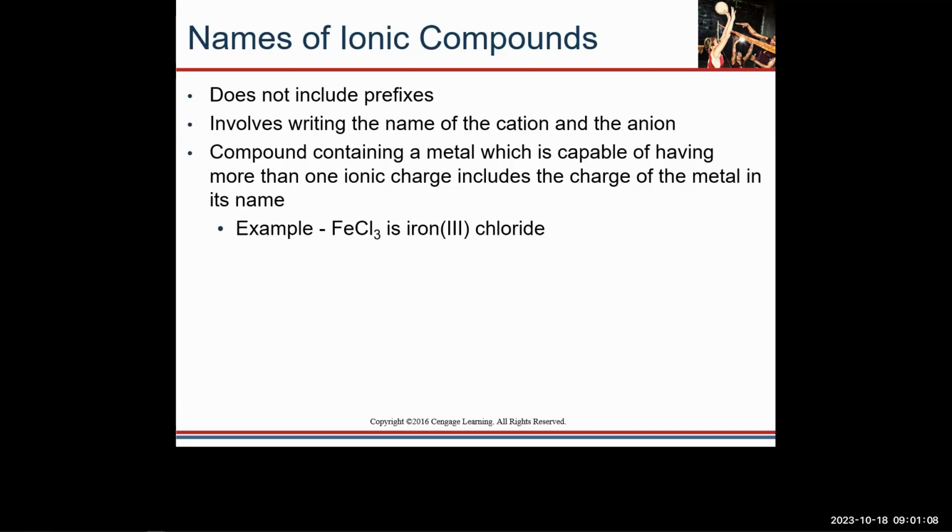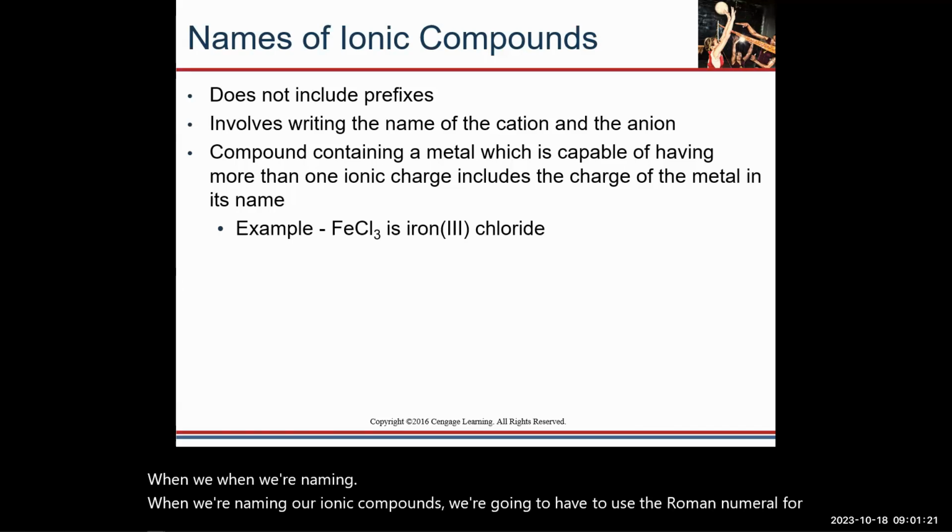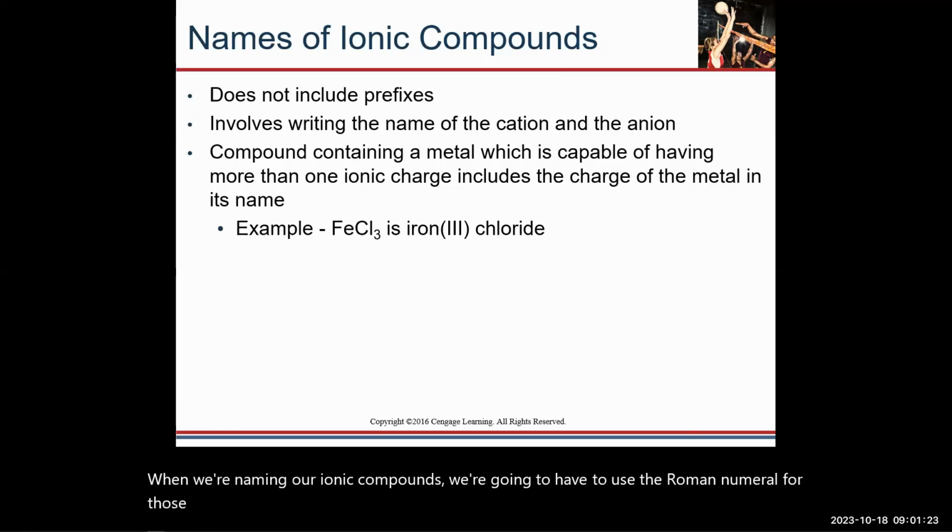Okay, so when we're naming ionic compounds, we're going to have to use the Roman numeral for those metals that are either a metalloid, actinoid, lanthanoid, post-transition metals, or transition metals.